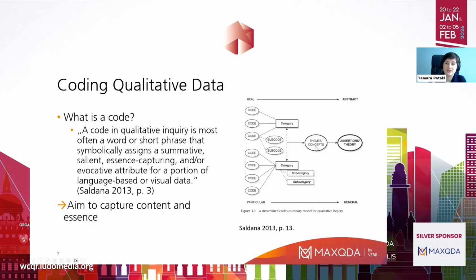And the way these relate is different based on your methodology. In MAXQDA, codes, categories, and themes are all called codes. So in your code system, you can define different levels of hierarchies, and they are all called codes, and on a technical level, they all work the same.